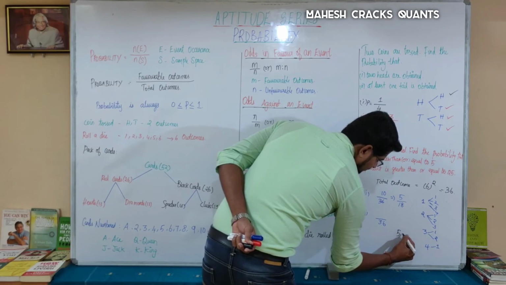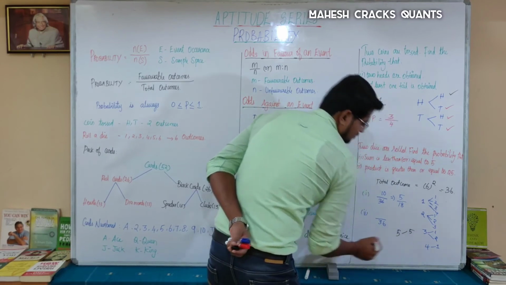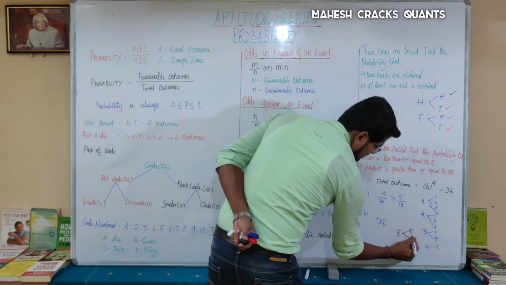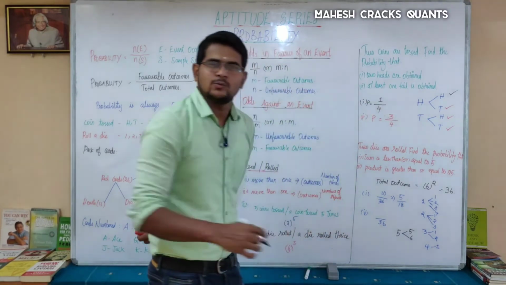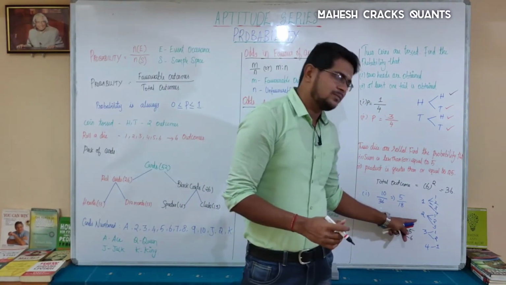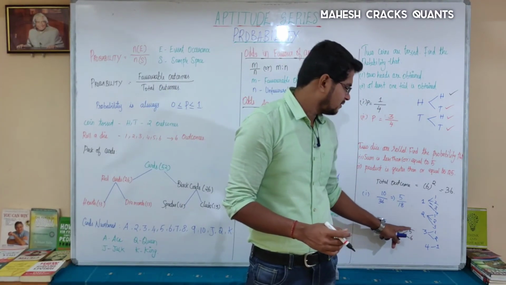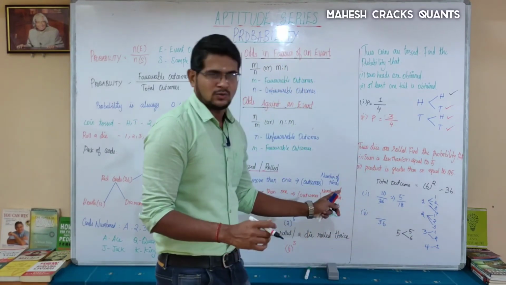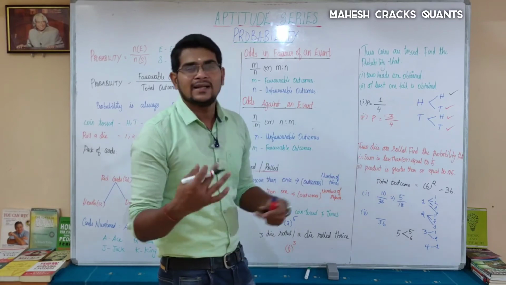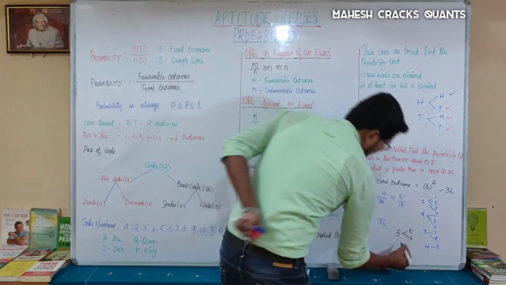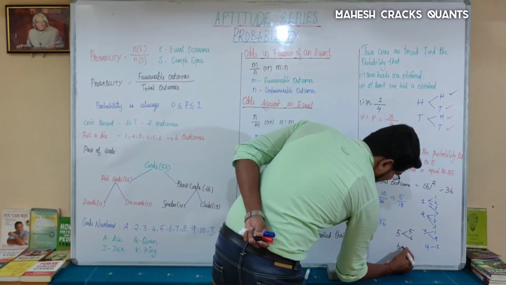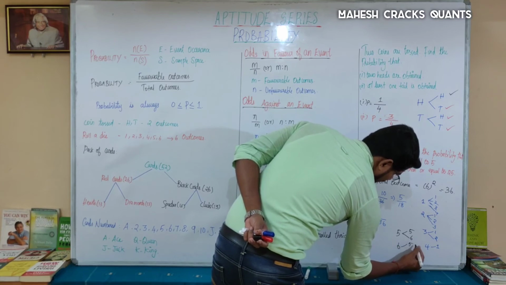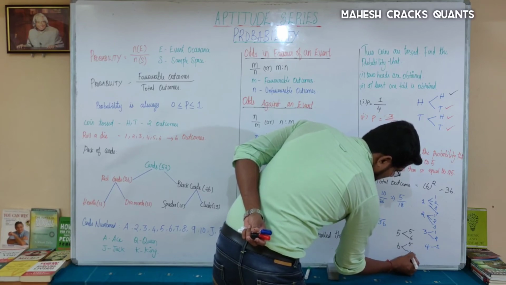So 5 is the first thing you can have, and 5 and 6 is the second thing you can have. 5 into 4 means 20 is what you will get. 5 into 5, 25. 5 into 6, 30. This comes under the rule, greater than or equal to 25. And then when it comes to 6, you can use 6, 5 and 6, 6.